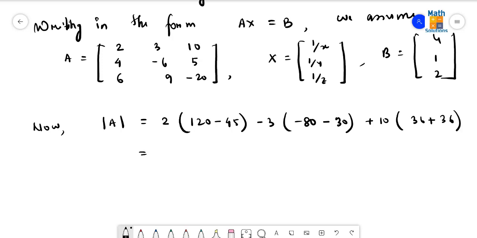So on simplification, the result comes as ultimately 1200, which is not equal to 0, therefore A inverse exists.